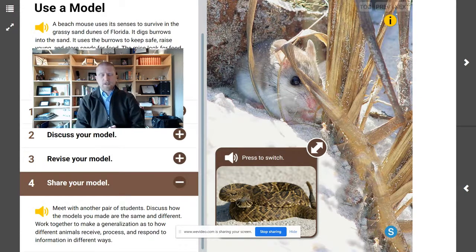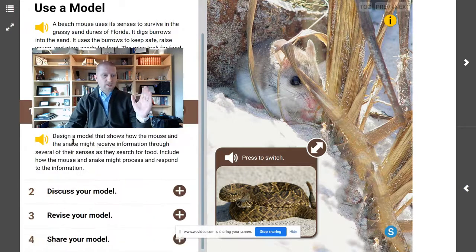All right, scientists. So just to recap, your job today is you're going to make a model. Your model is you are going to design a model that shows how this mouse and this snake might receive information through several of their senses as they search for food.